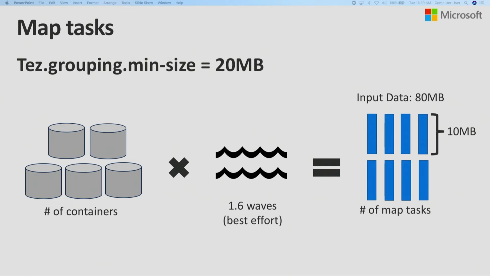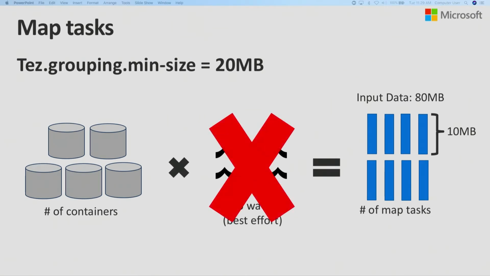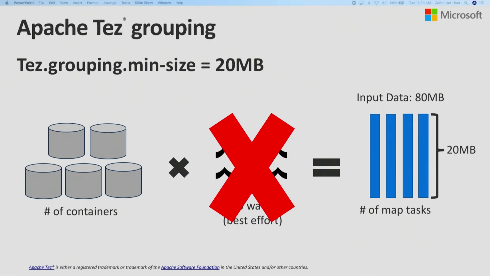This is great, but if we actually have a tez.grouping.min size, meaning each mapper or each input task can only be 20 megabytes, what happens there is that, hey, now the best effort wave formula can't be taken into account because Tez is overriding that by having this min size. And so each mapper actually has to be 20 megabytes.